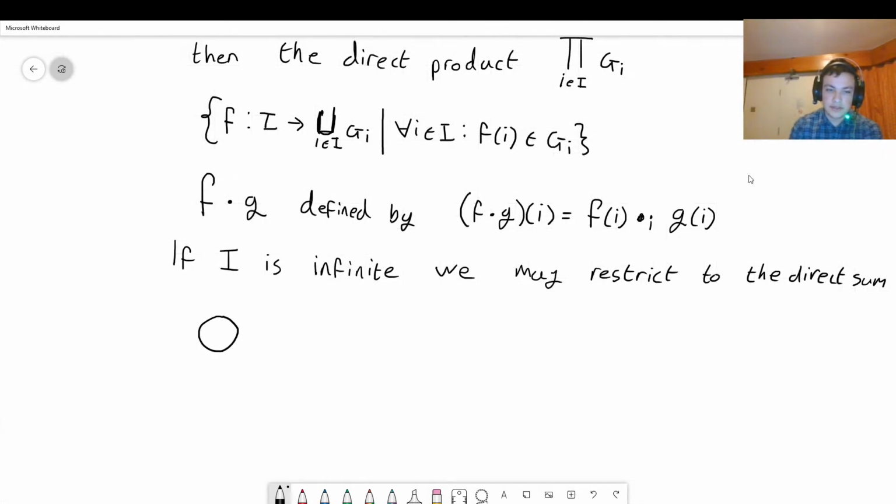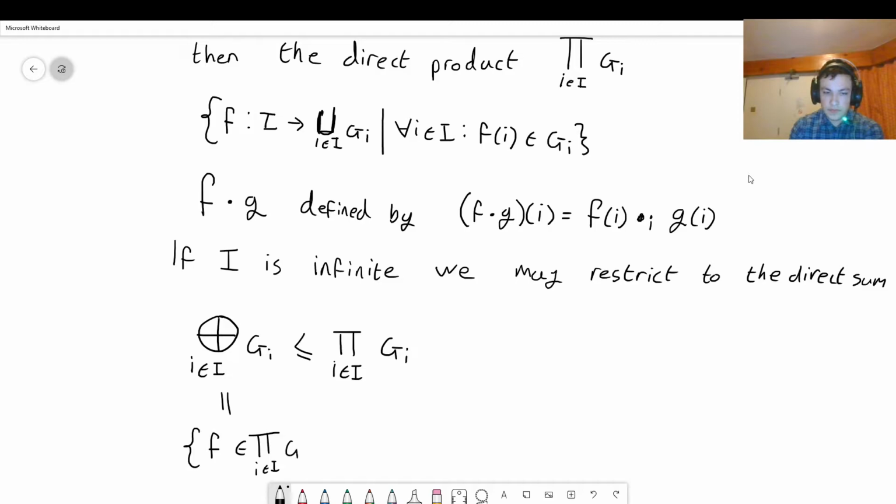So we write this as the direct sum over i in I of G_i, and it's a subgroup of the direct product, and we define this as f in the direct product group such that the number of i in I such that f(i) is not the identity of that group is finite.